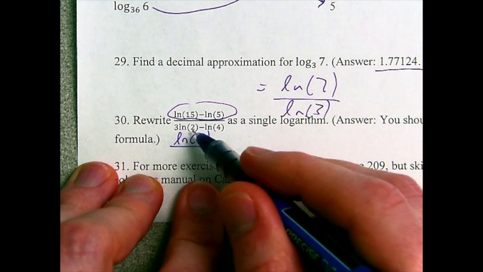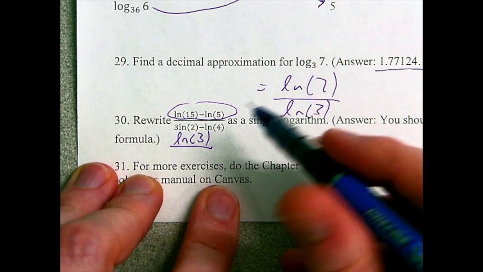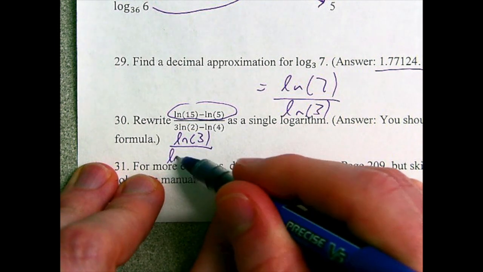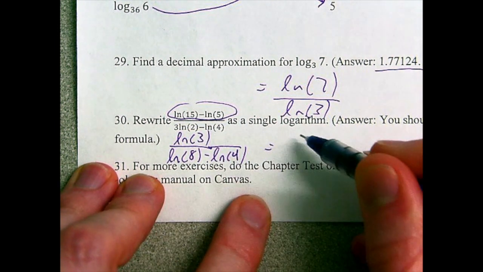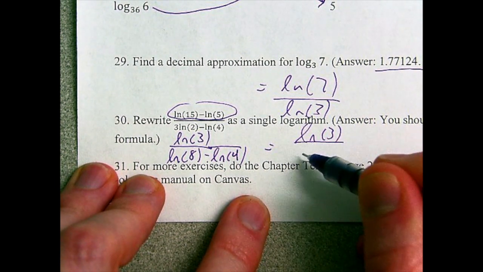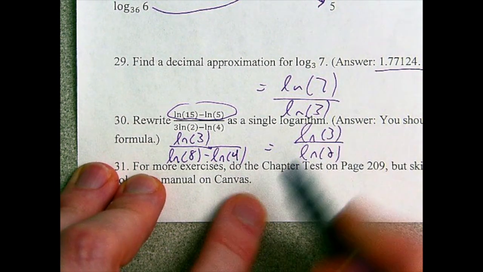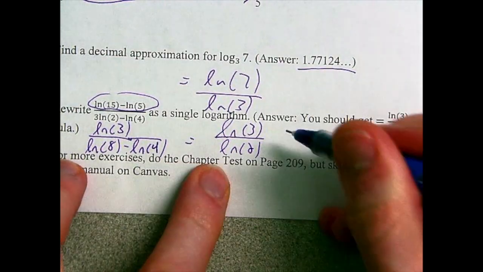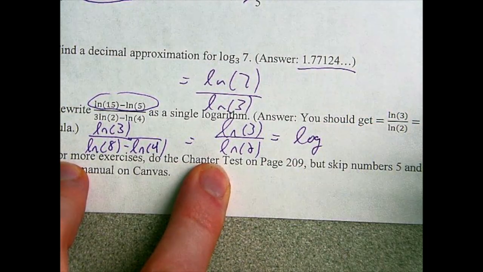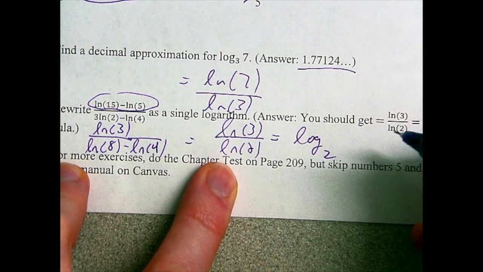That'll be natural log of 2 to the 3rd, which is 8. And then it'll be natural log of 8 minus natural log of 4. So I have natural log of 3 over natural log of 2 because, subtracting 2 logs, you divide the 2 insides. And then this can be rewritten as a single logarithm, log base 2 of 3.